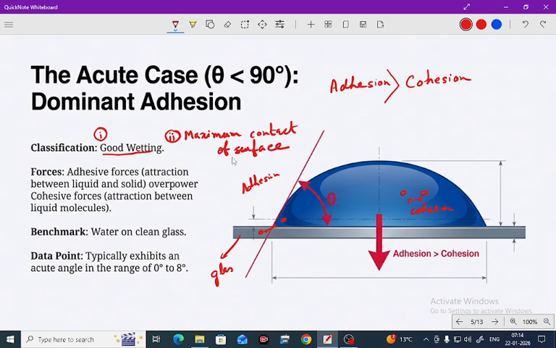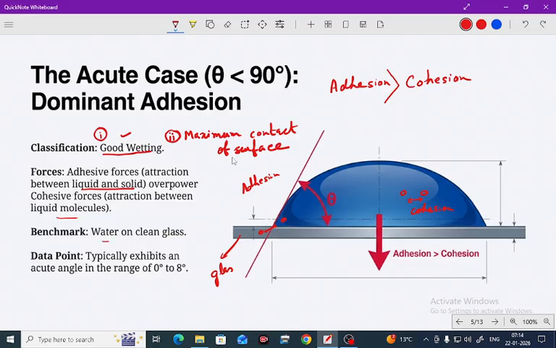And the forces, adhesive forces, are attraction between liquid and solid. You see, this is liquid and this is solid. These adhesive forces overpower cohesive forces, attraction between liquid molecules. So in this case, adhesive forces are greater than cohesion. So it should be good wetting and maximum contact of surface.